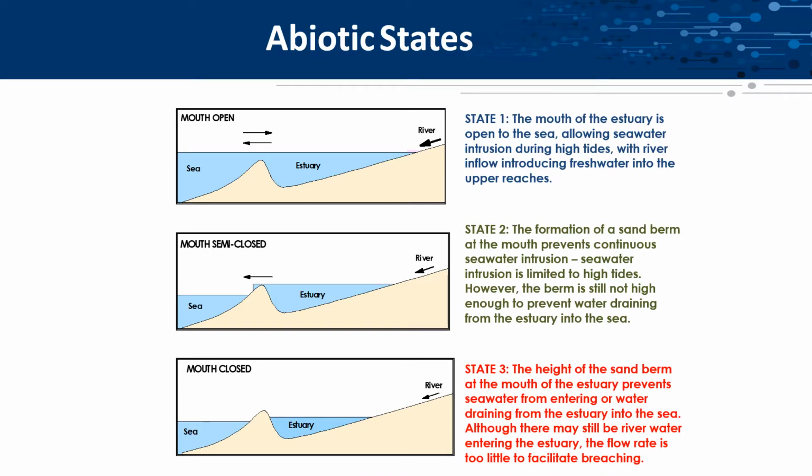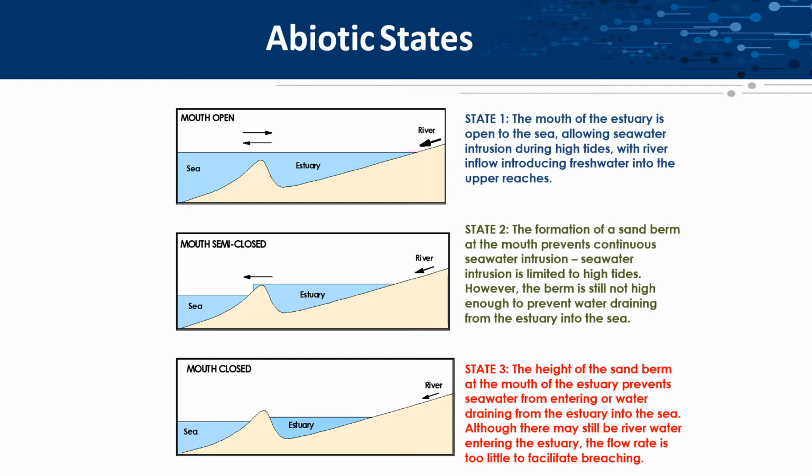So once we understand how a system functions and which parts are similar and which parts are different, and we understand the flow changes in our system, we now start looking at grouping physical conditions together, which we call abiotic states. In this example, I've got, for a system, 3 abiotic states that we've identified.